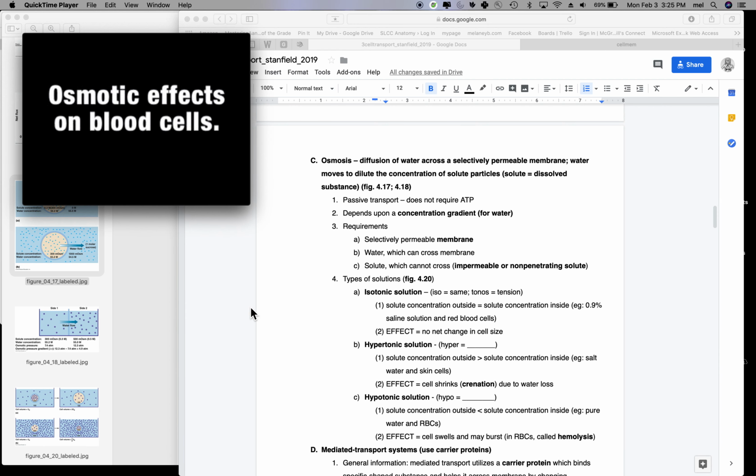So, let's define the three of them first. So these solutions, what you're doing in all of these situations is you're defining the solution, which is variable, with reference to the cell, which is relatively constant. Okay, so let's think about this before we go on. Which fluid is more likely to vary in its concentration of anything?